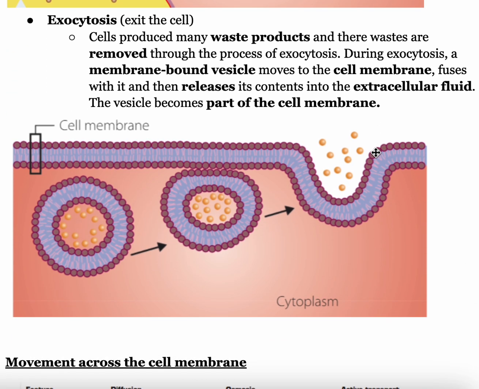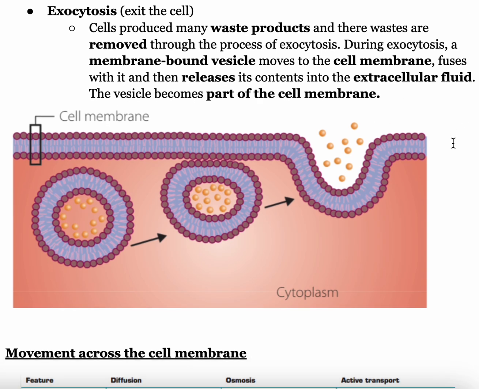Now, time for exocytosis. Cells produce many waste products because they're living, and these wastes are removed through the process of exocytosis. During exocytosis, a membrane-bound vesicle moves to the cell membrane, fuses with it, and then releases its contents into the fluid outside of the cell.